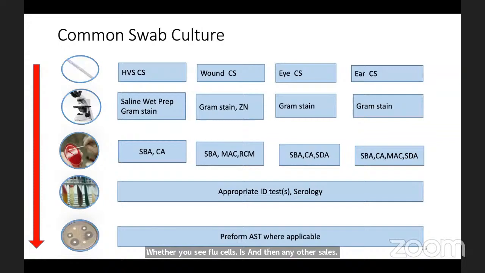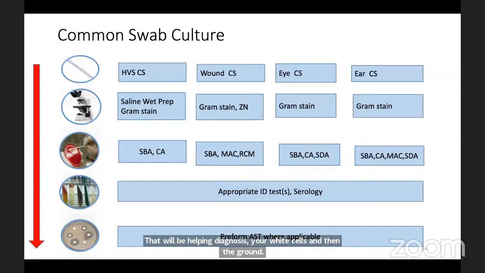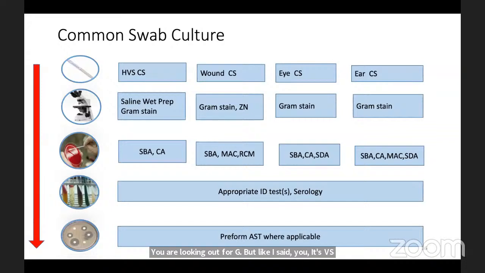And then the gram, you are looking out for GNID. But like I said, usually in HVS, because there are a lot of epithelial cells sloughing there, they could mask the GNID, making it difficult to see. But if it is truly there, you see them.